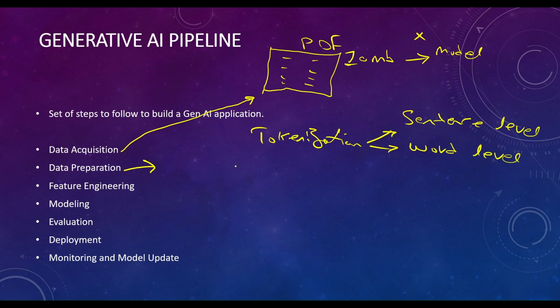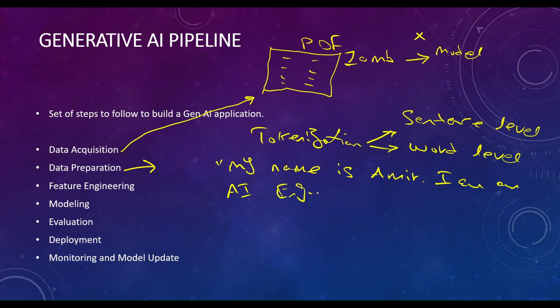So for example, let's say we have a couple of sentences: my name is Amir, and I am an AI engineer, and I am PMP certified.